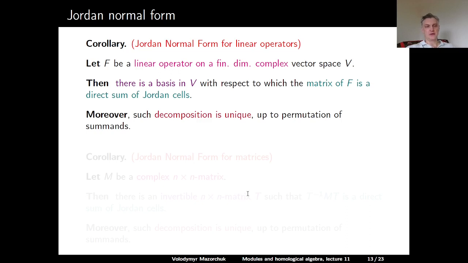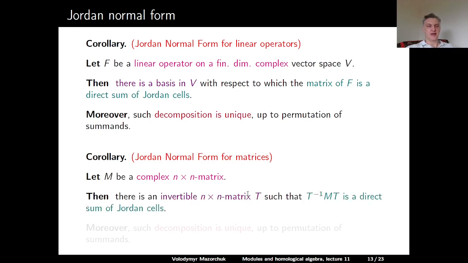And we have a similar corollary for matrices. Let M be a complex n times n matrix. Then there is an invertible n times n matrix T, such that the matrix T inverse M T is a direct sum of Jordan cells. Moreover, such decomposition is unique up to permutation of summands.